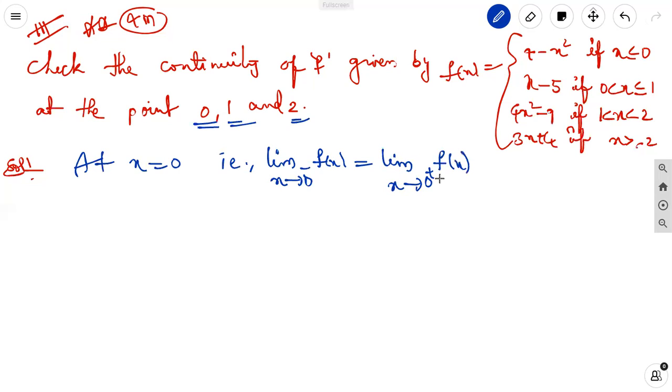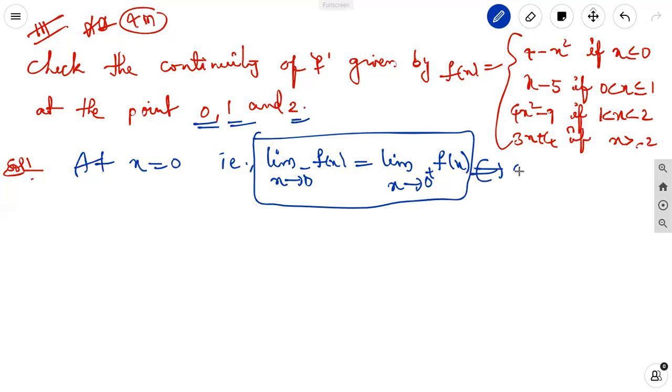That is, left hand limit and right hand limit, both are equal or not. If it is equal, then it is continuous. If it is not equal, then it is not continuous.